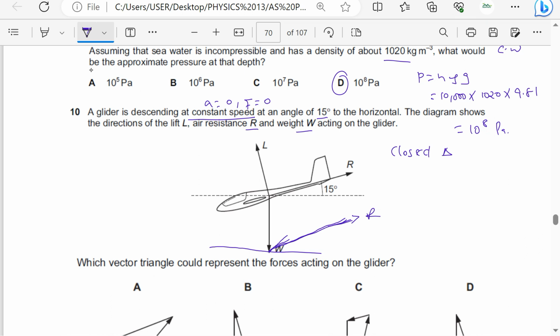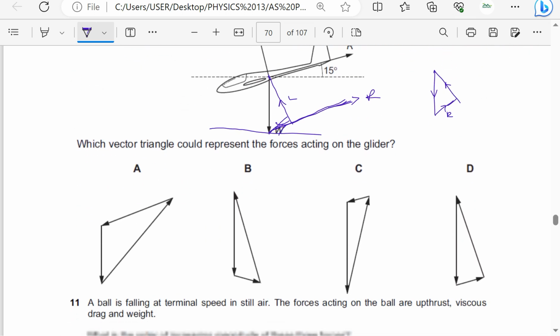Then on R, I should bring this one downwards. So this is R, this is L. So I would have such a triangle, with W vertical, then R, and then L in that direction. So let's see which vector triangle could best represent the forces acting on the glider.